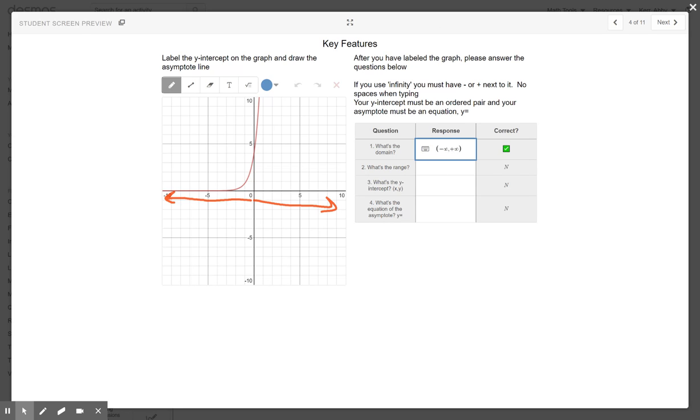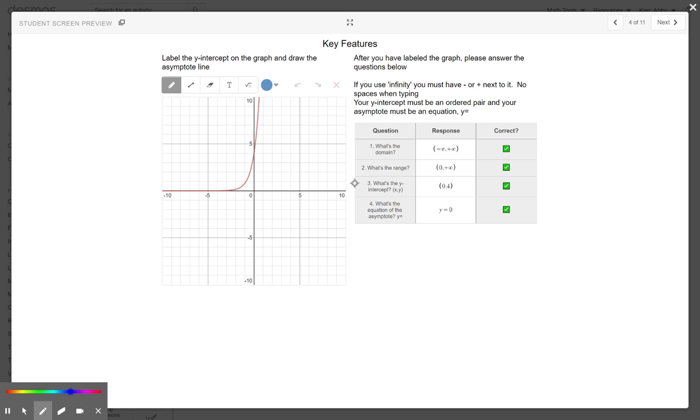The range, the bottom of the graph is trying to get to 0. And then it never stops reaching upward. In this case, the y-intercept is 0, 4. And then the asymptote is y equals 0. So it says draw the asymptote.